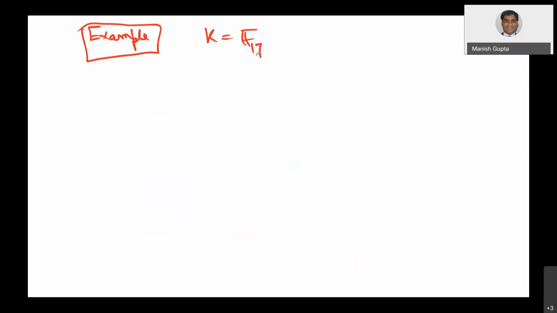Let us look at this equation: y square is equal to x cube plus 5x minus 1. So my question is, is it an elliptic curve over the field F17?